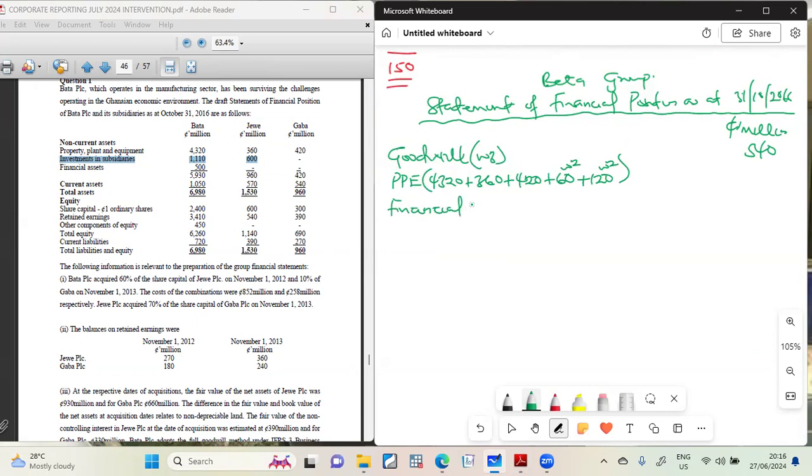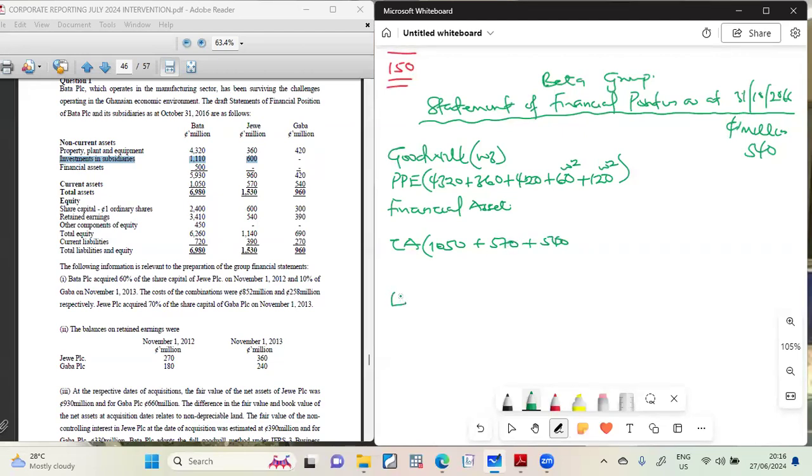Then you come to your financial assets. And there was a note on financial assets, so it means you have to also wait on that to see what you will do on that note. Then you have your current assets. All right, and there was PAP 2, so you have to also wait on it small. So here you have 1050 plus 570 plus 540.